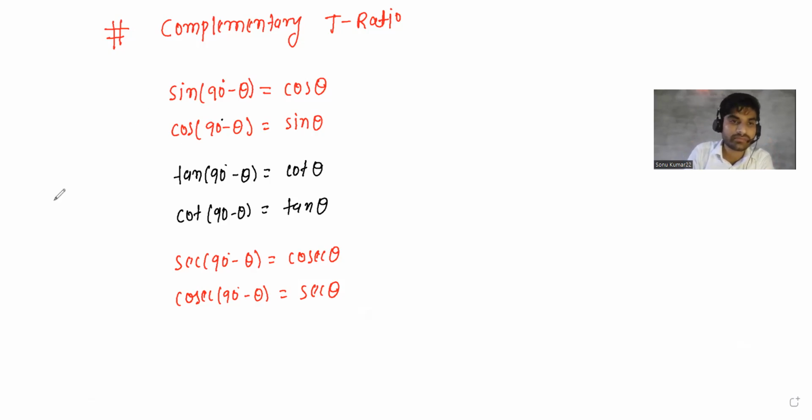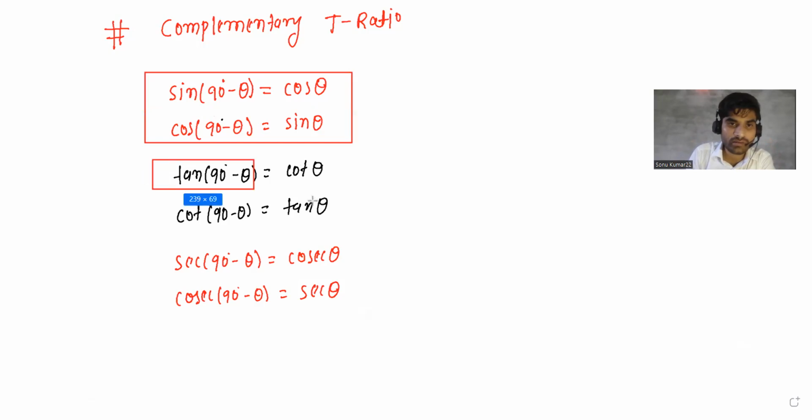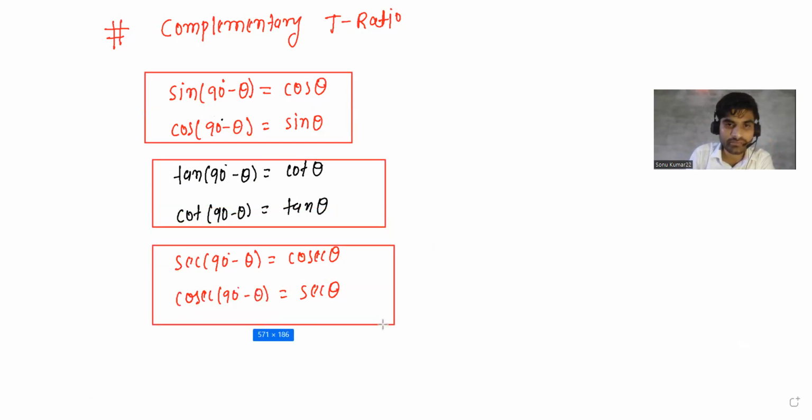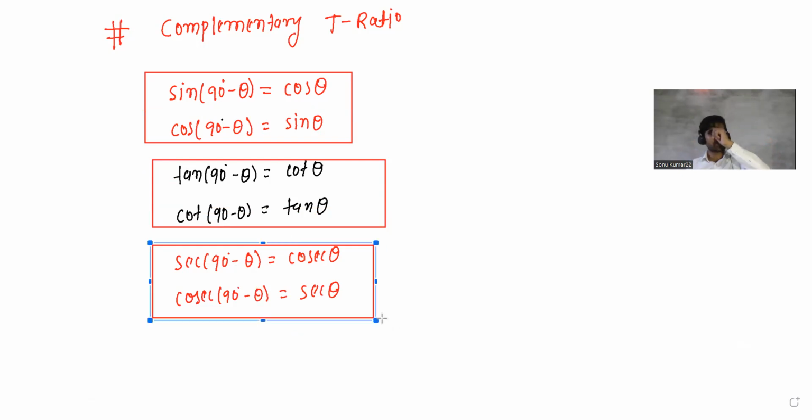Let me put them in a box so you can easily remember. Sin 90 minus theta is cos theta, cos 90 minus theta is sin theta, tan 90 minus theta is cot theta, cot 90 minus theta is tan theta, sec 90 minus theta is cosec theta, cosec 90 minus theta is sec theta.